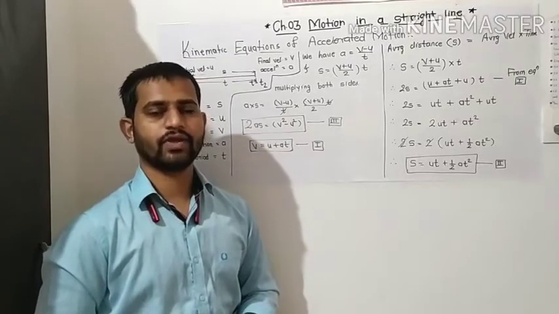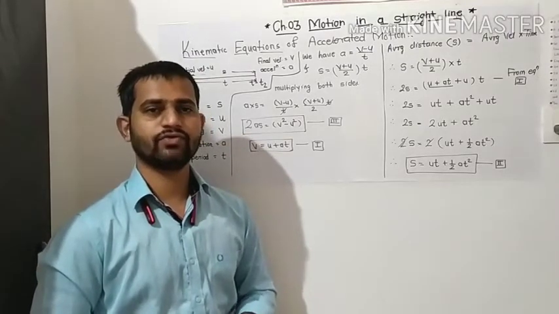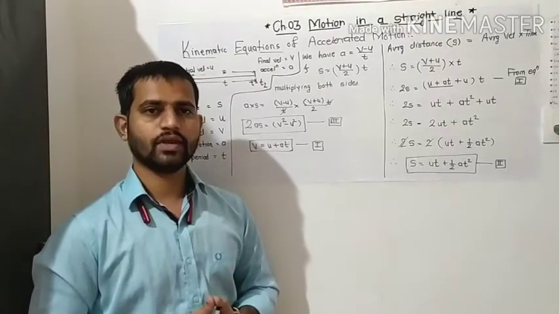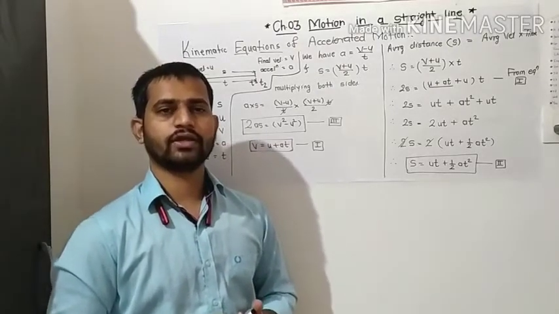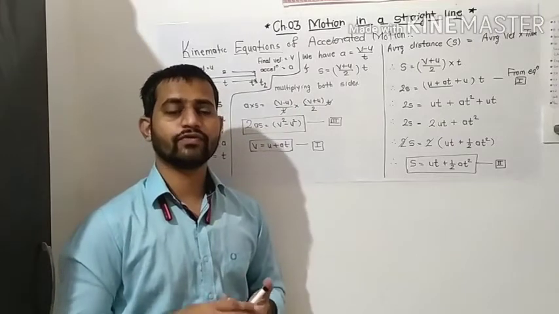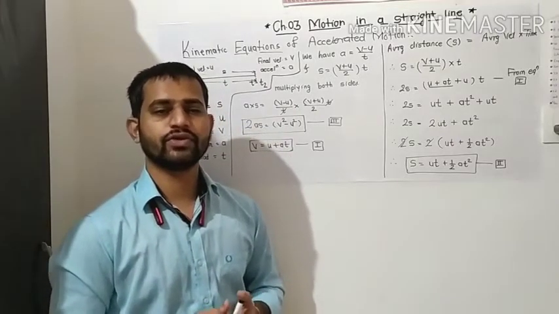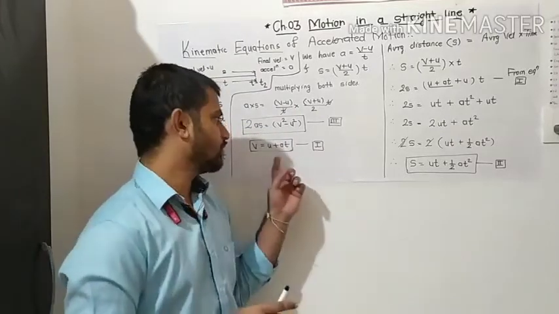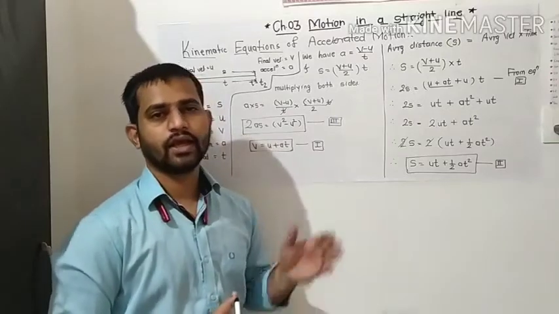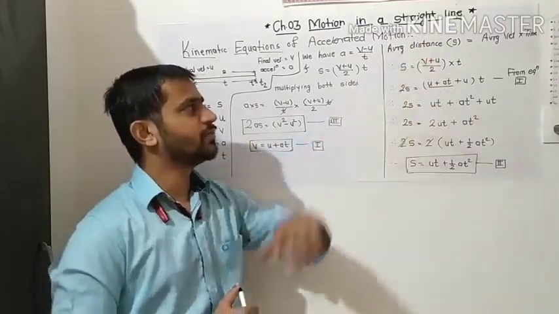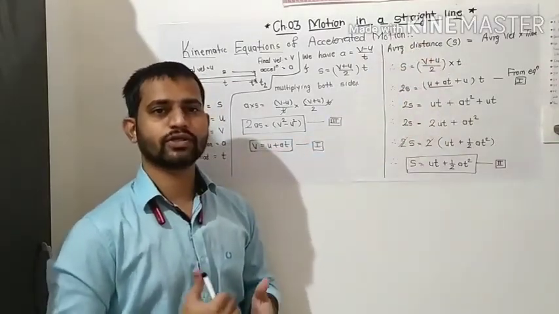Then we can calculate the acceleration a is equal to v minus u upon t, and that way we can go for the first equation, v is equal to u plus at.